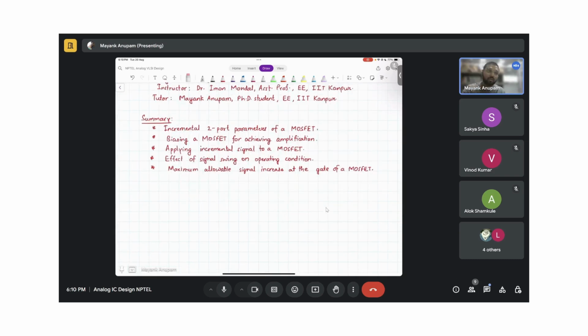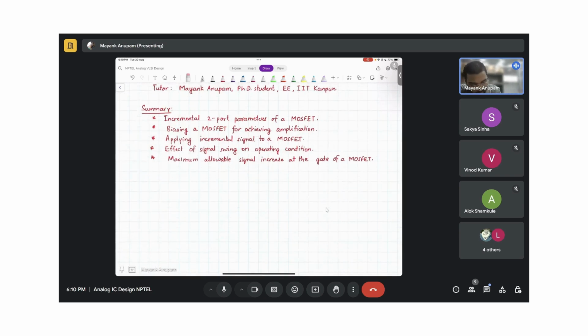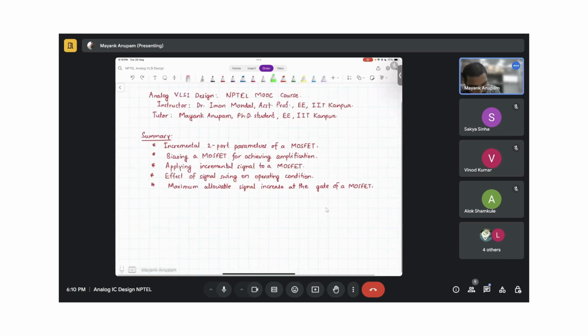Then, since we are always talking about small signals, what happens if the signal is not small anymore, if the signal is swinging and it is not small? In that case there will be some effect on the operating condition. We assume there is some quiescent point around which the device is working.